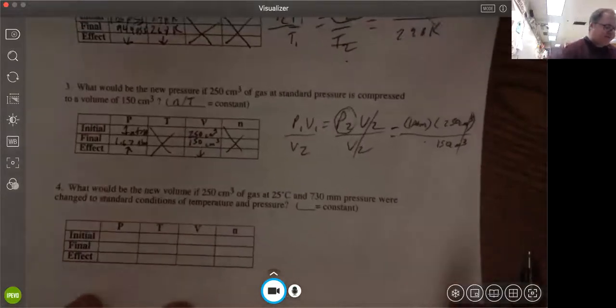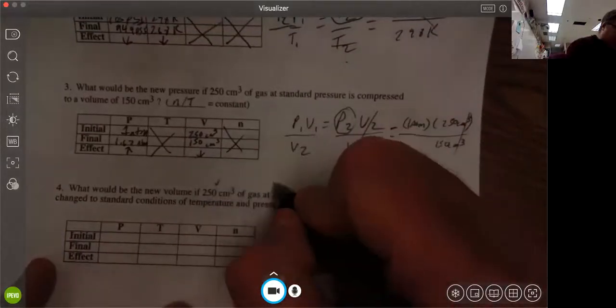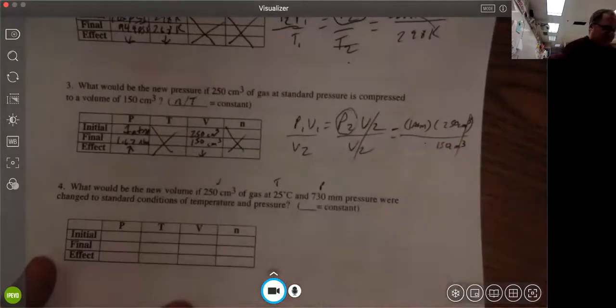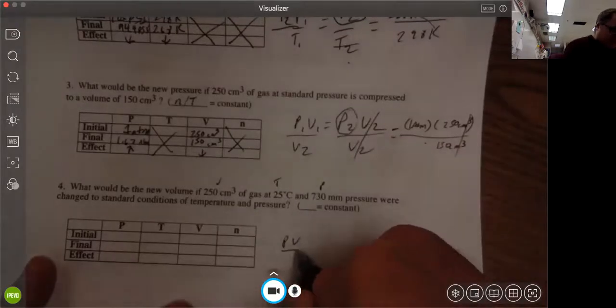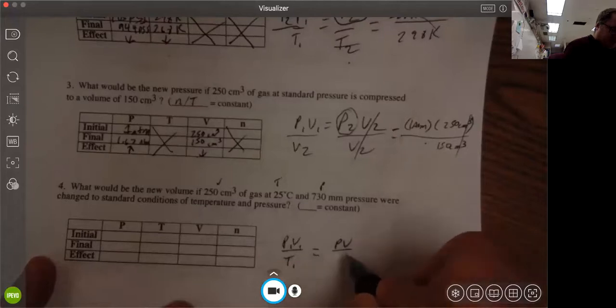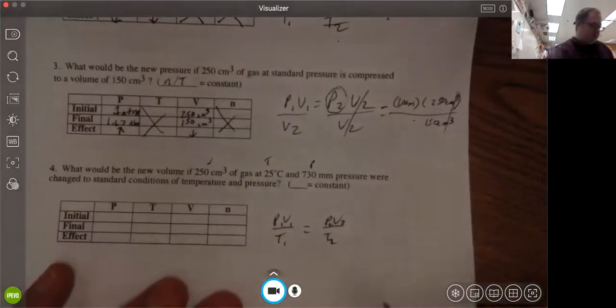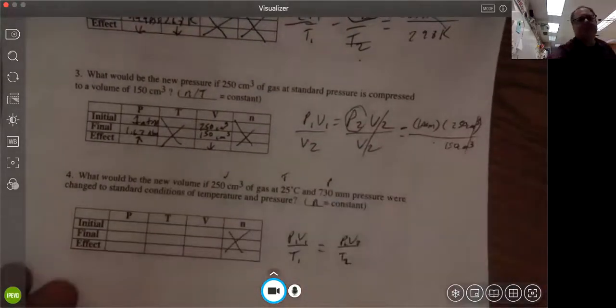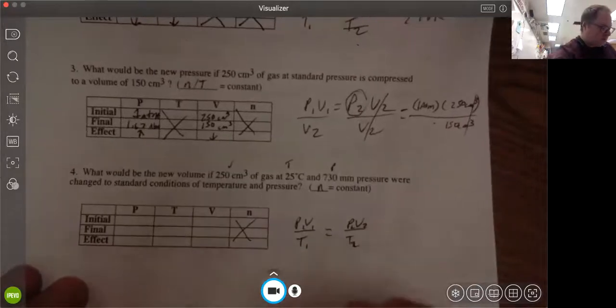Last one, it looks like we've got all three. We've got volume, temperature, and pressure. So PV over T equals PV over T. We know that the number of particles is constant because it's not changing.